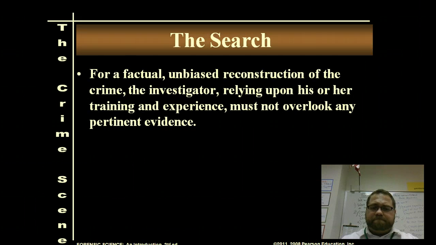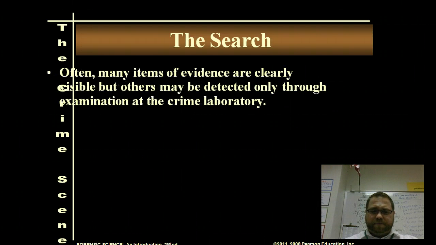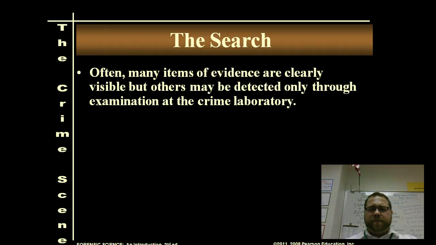You've got to look for everything. You cannot overlook evidence. Physical evidence can be anything from a gun lying on the ground to microscopic traces of blood or fingernails, or even fingerprints anywhere on the scene. Often many items are clearly visible, but some things can only be detected at a crime lab.